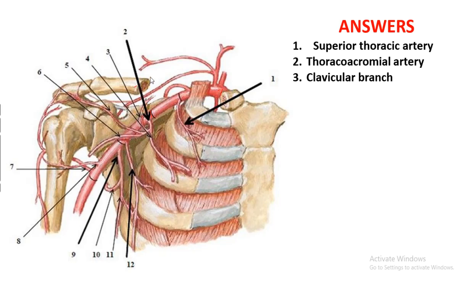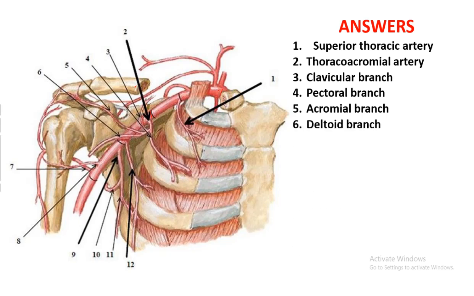Okay, so let's quickly look at 4, which is the pectoral branch, like I've said, coming from the thoracoacromial artery. Then we have the acromial branch, which is going toward the acromial region, and it is coming from the thoracoacromial artery. Then 6, which is the deltoid branch, which is going towards the deltoid muscle.